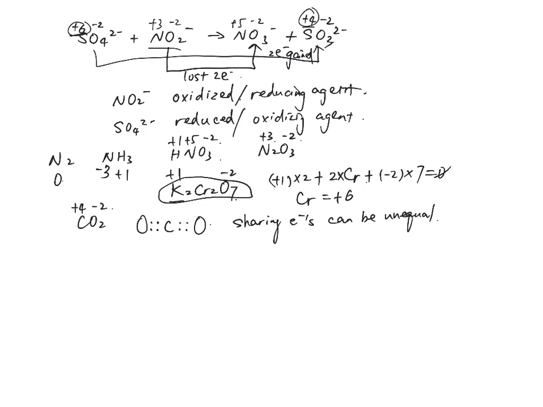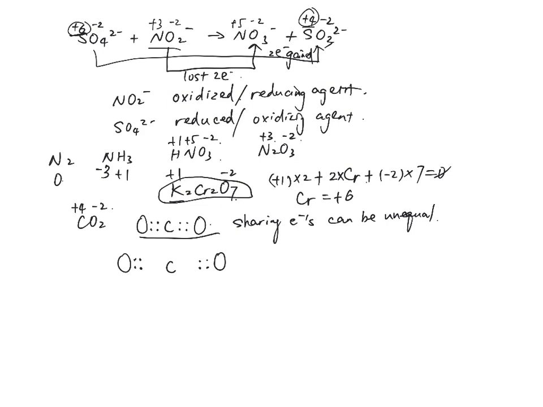And when the sharing is not equal, what you see for a carbon dioxide molecule is not like what we drew here anymore. What's the reality? The reality is they are sharing 4 electrons, but those 4 electrons are going to be so much closer to the oxygen compared to the carbon. Okay?